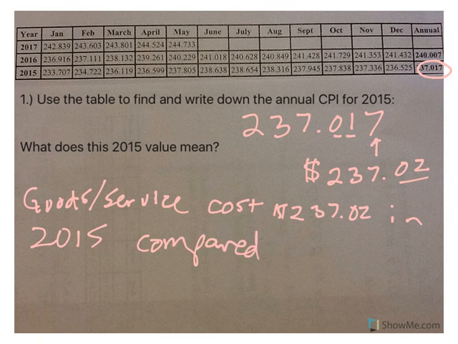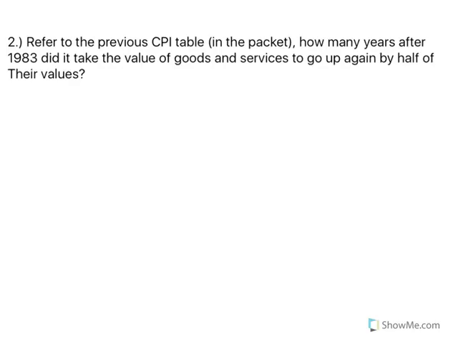On page 44, we compared in 1983, the basket of goods and services only cost $99.60, or right around $100. So from 1983 to 2015, our basket of goods and services more than doubled. That's what our 2015 value really tells us. And now let's do some CPI work.